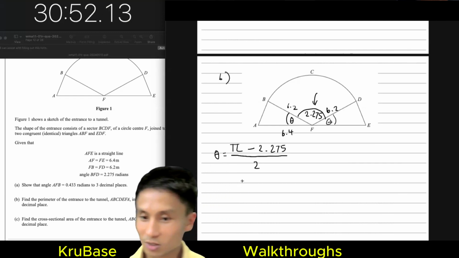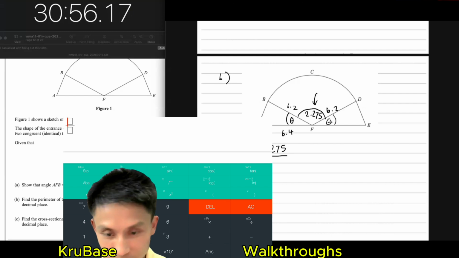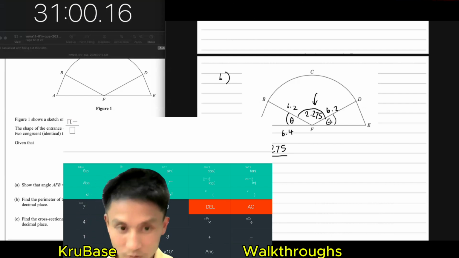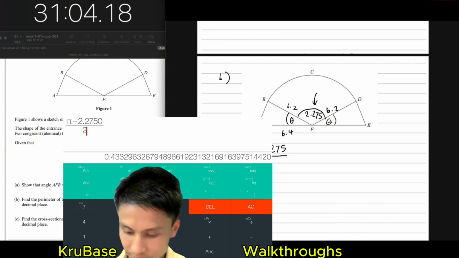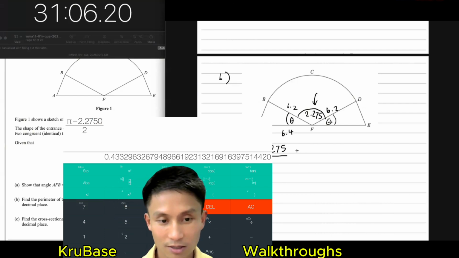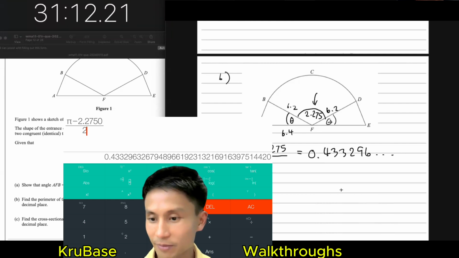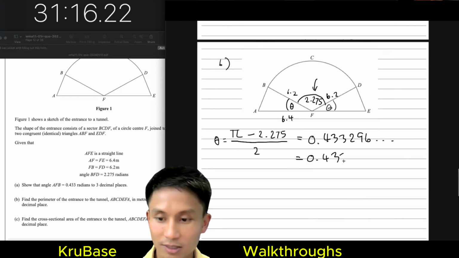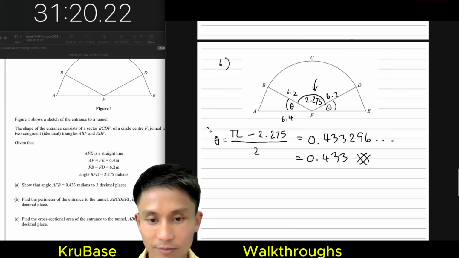So I'm going to put it in a calculator here: pi minus 2.275, divided by 2. I do get 0.433 and so on, and then we round it to 3 decimal places. There you go, as required.